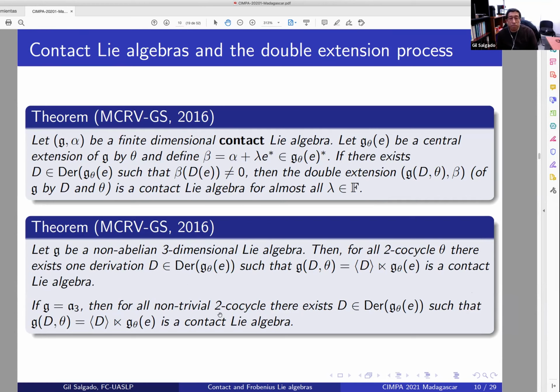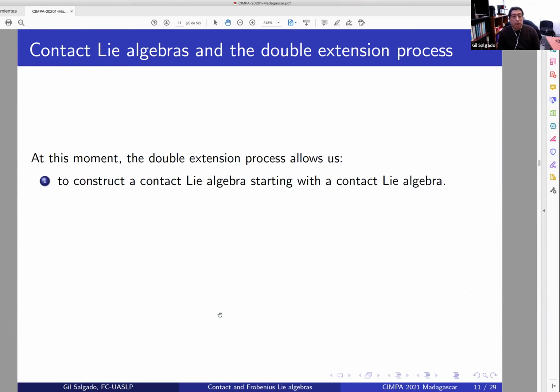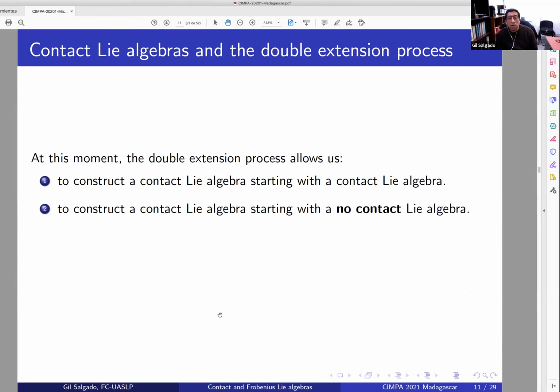So we got the following. At this moment, this process of double extension allows us to construct a contact Lie algebra if we start with a contact Lie algebra. It allows us to construct a contact Lie algebra starting with a non-contact Lie algebra.